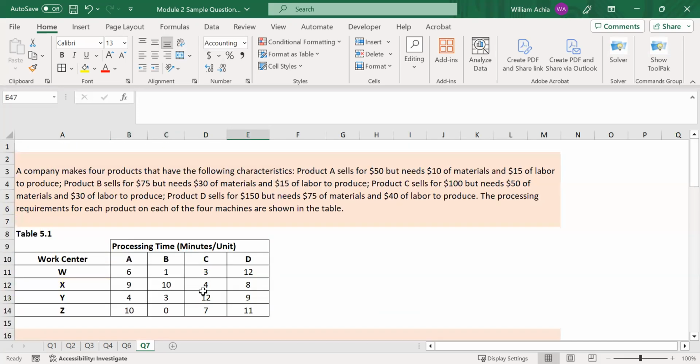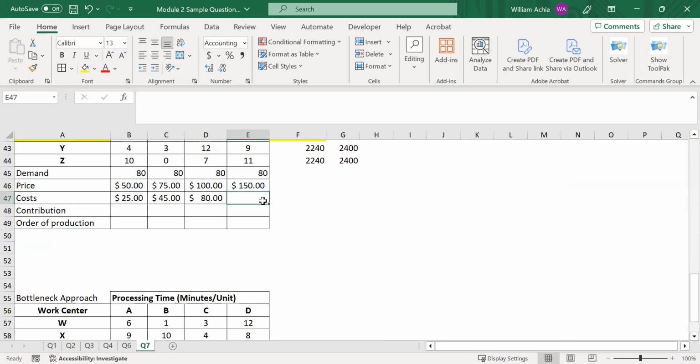And then finally for D, $75 for material and $30 for labor. So that adds up to 105.